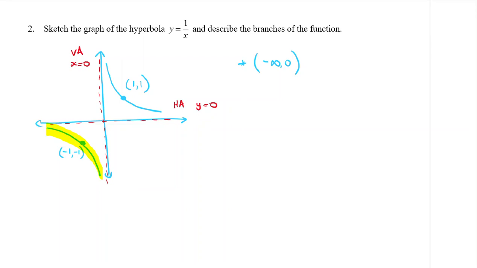Okay, so from -infinity to 0, this yellow highlighted section, the curve is sloping downwards, so it is decreasing and it's getting steeper, so it's at an increasing rate.